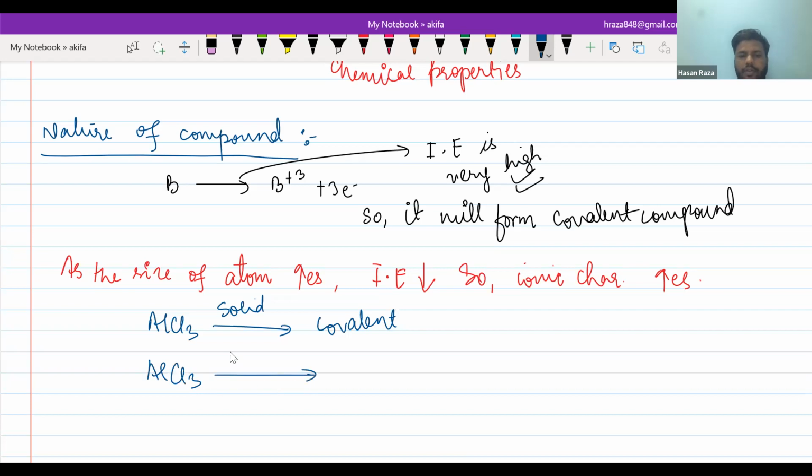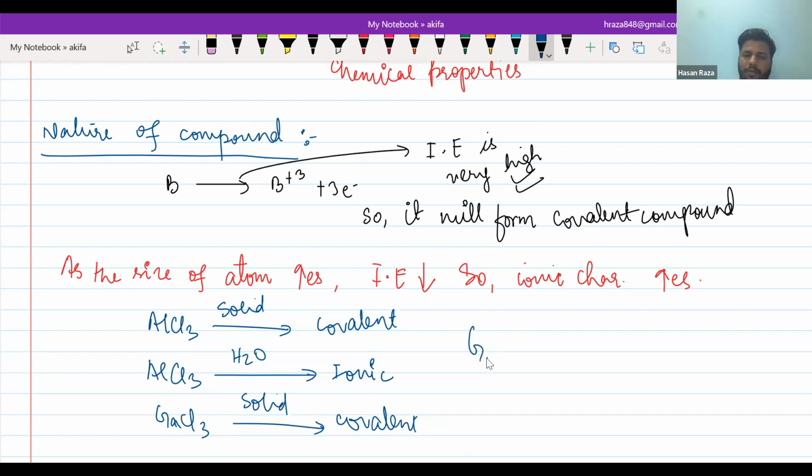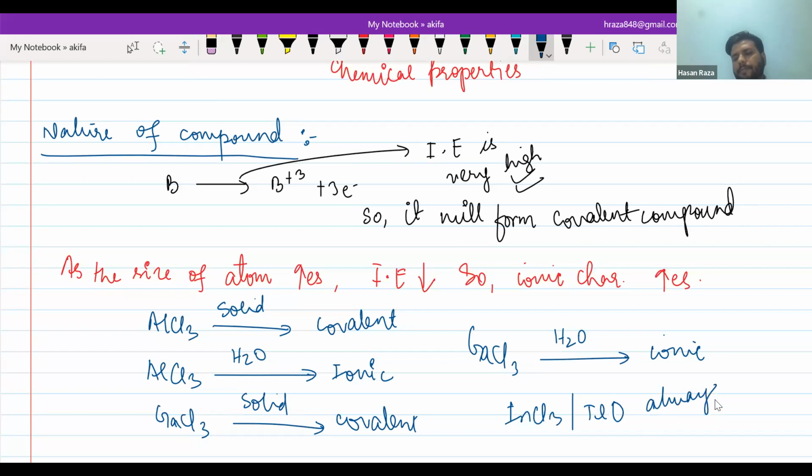AlCl3 in H2O is ionic. GaCl3 in solid is covalent, and GaCl3 in H2O is ionic. And here InCl3 or TlCl3 is always ionic.